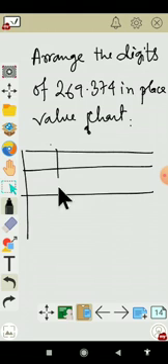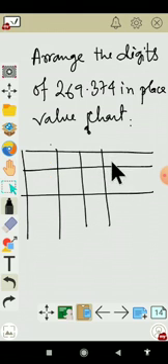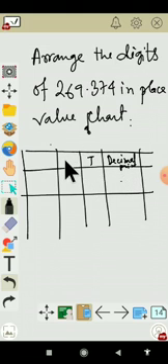First write the decimal point in the place value chart. To its left will be ones, tens, hundreds, and on the other side will be tenths, hundredths, and thousandths.